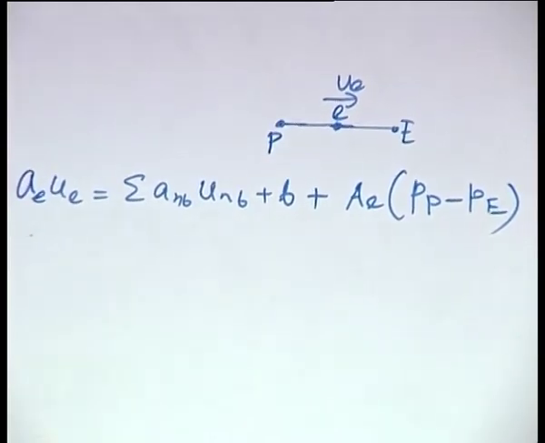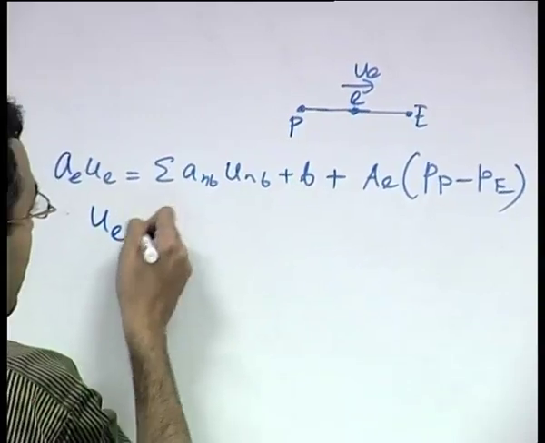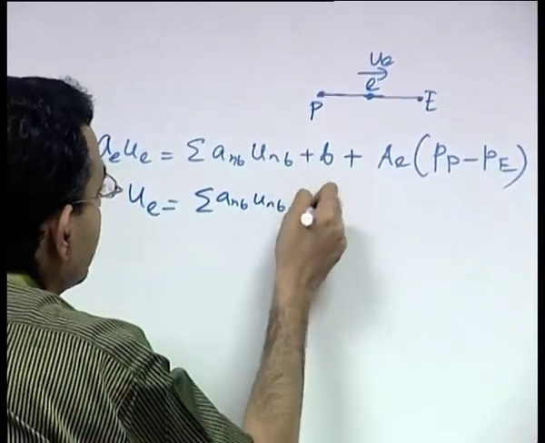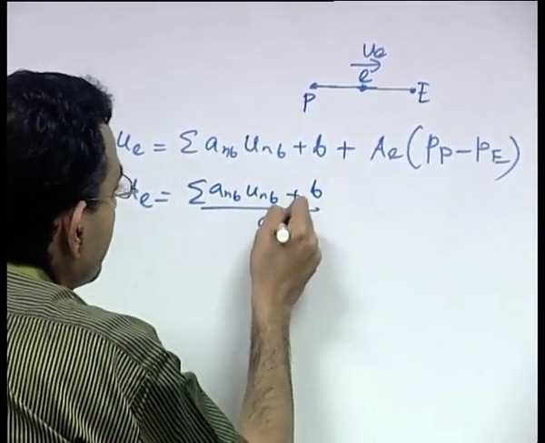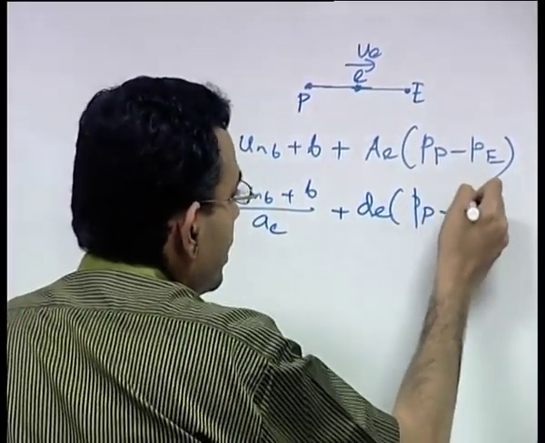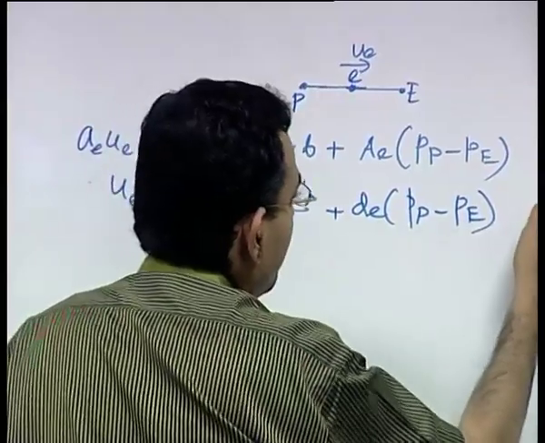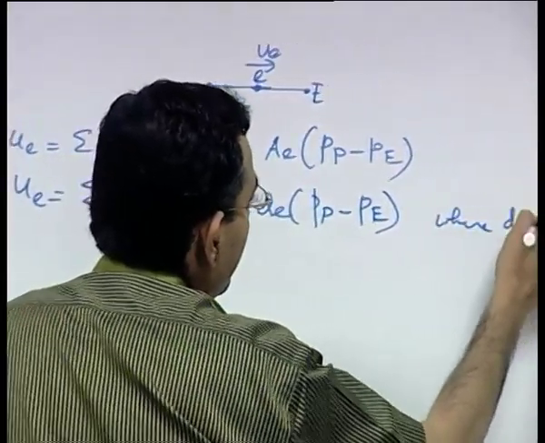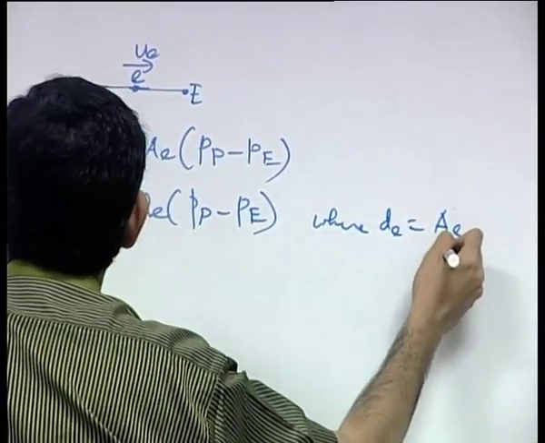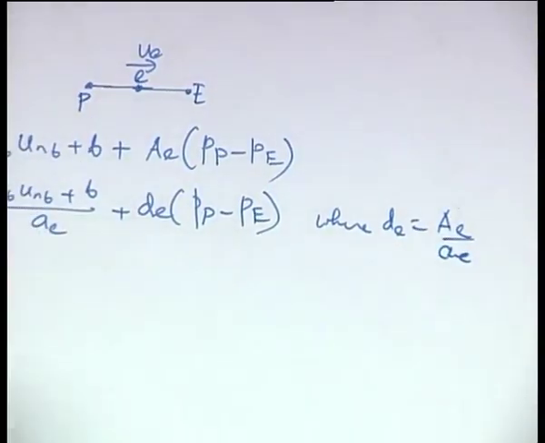So UE is equal to sigma ANB UNB plus B by AE plus DE into PP minus PE, where DE is capital AE by small a.